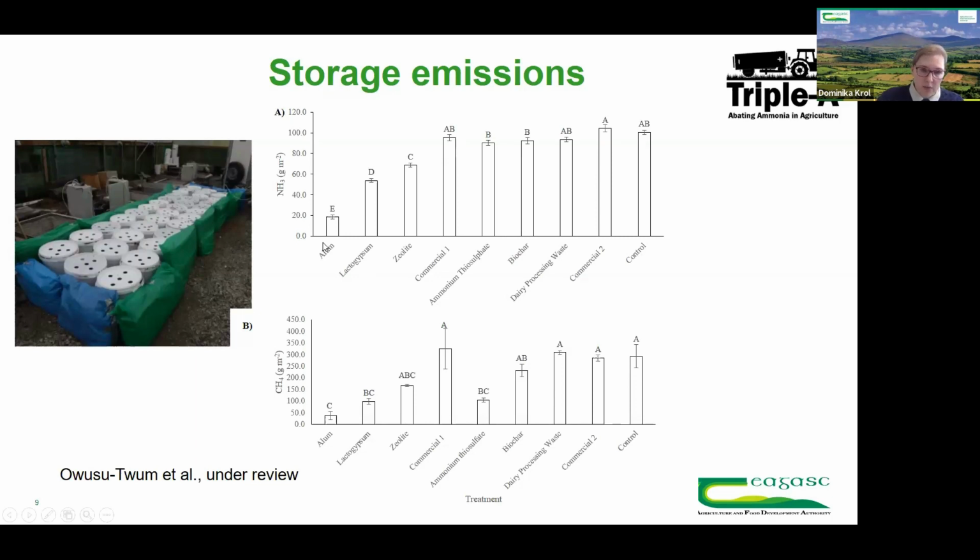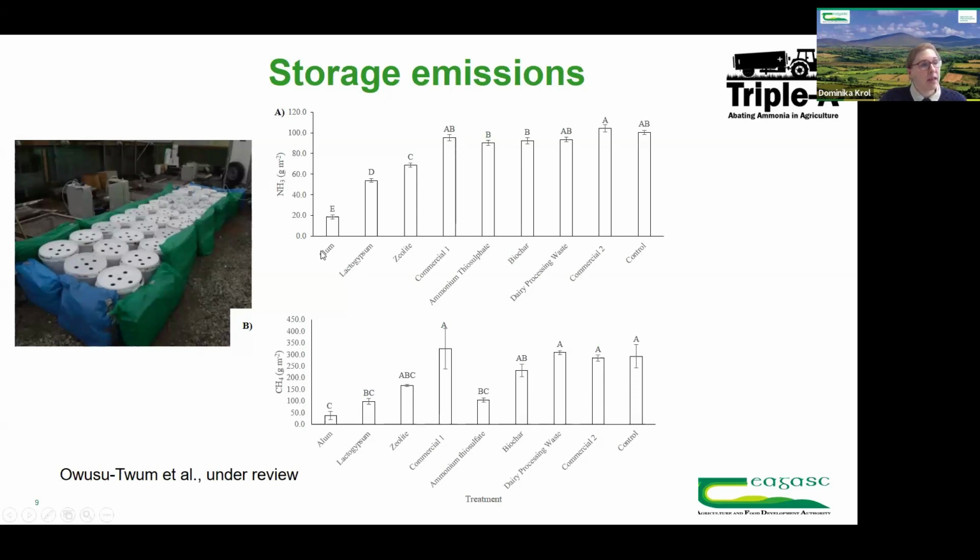Instead of sulfuric acid that we've worked with before, we tested alum, which is aluminium sulfate, and it's also a chemical acidifier. We've looked at lactogypsum, which is a byproduct or waste product of dairy industry, zeolite, a couple of commercial products, biochar, dairy processing waste, and ammonium thiosulfate, which is the chemical that was previously investigated by Teagasc in the 90s as a potential urease and nitrification inhibitor, and could it potentially reduce ammonia emissions?